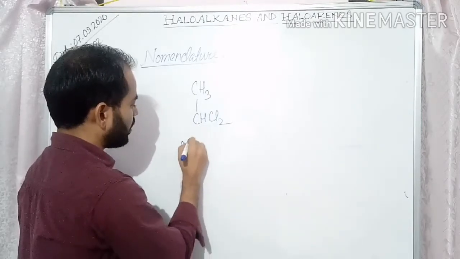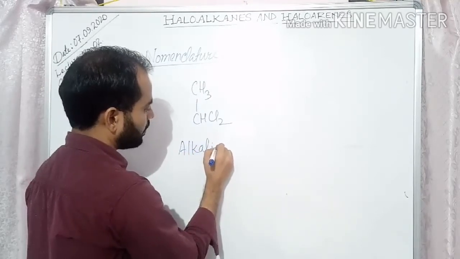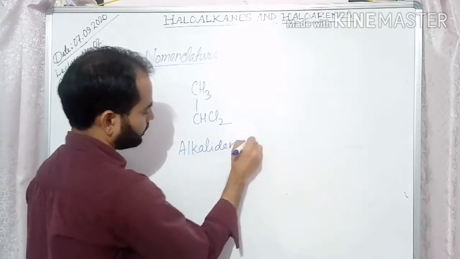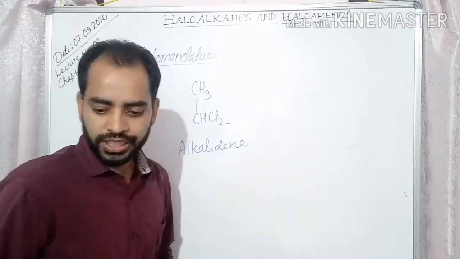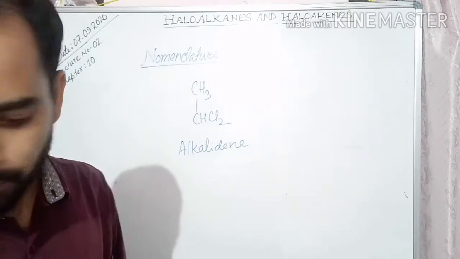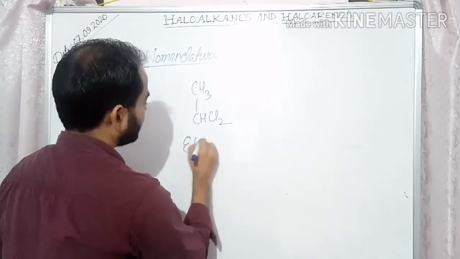So these are called alkylidene and ethylidene.